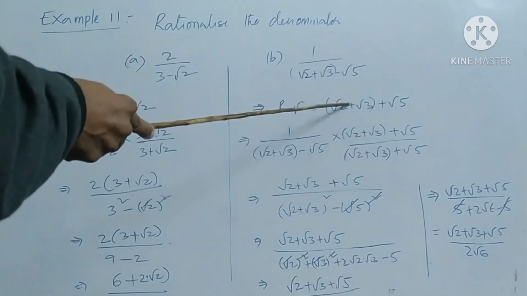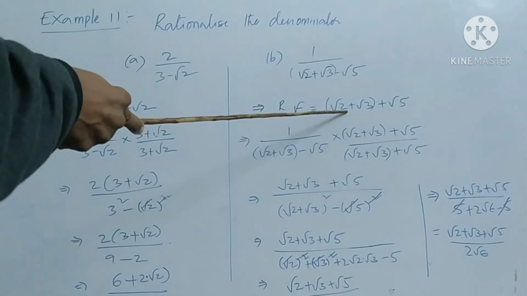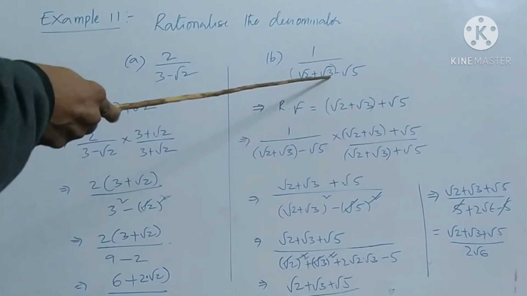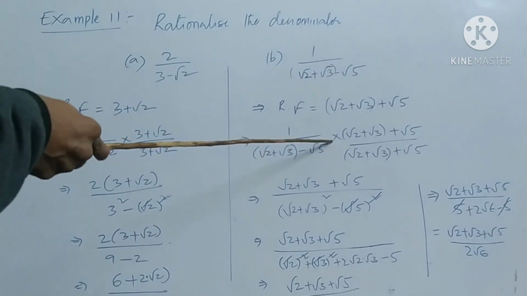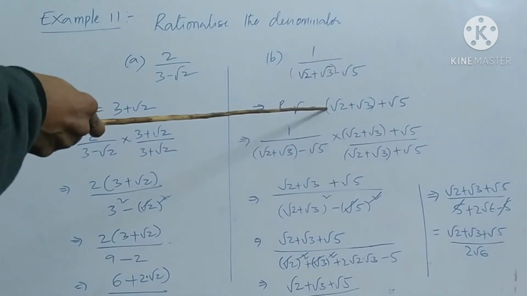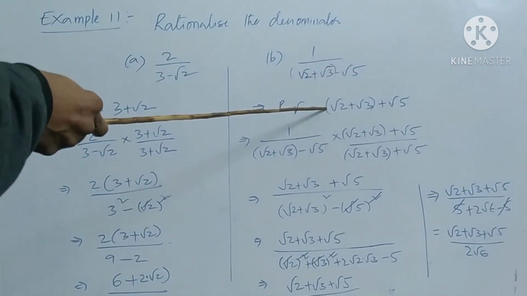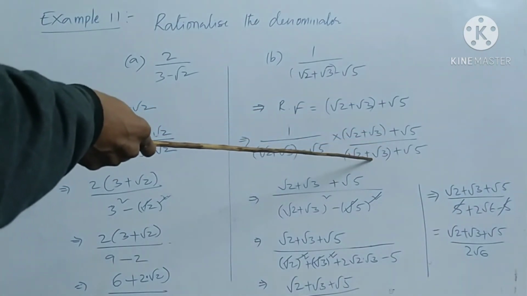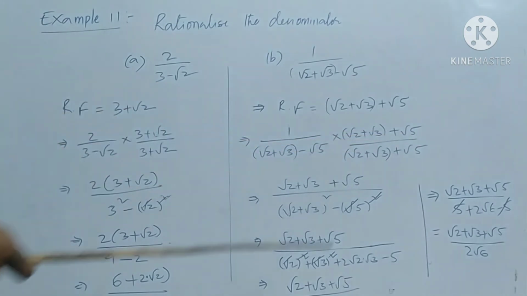Multiply numerator and denominator with this rationalizing factor. So that is equal to 1 by root 2 plus root 3 minus root 5, multiplying numerator and denominator with RF. So root 2 plus root 3 plus root 5 by root 3 plus root 2 plus root 5.